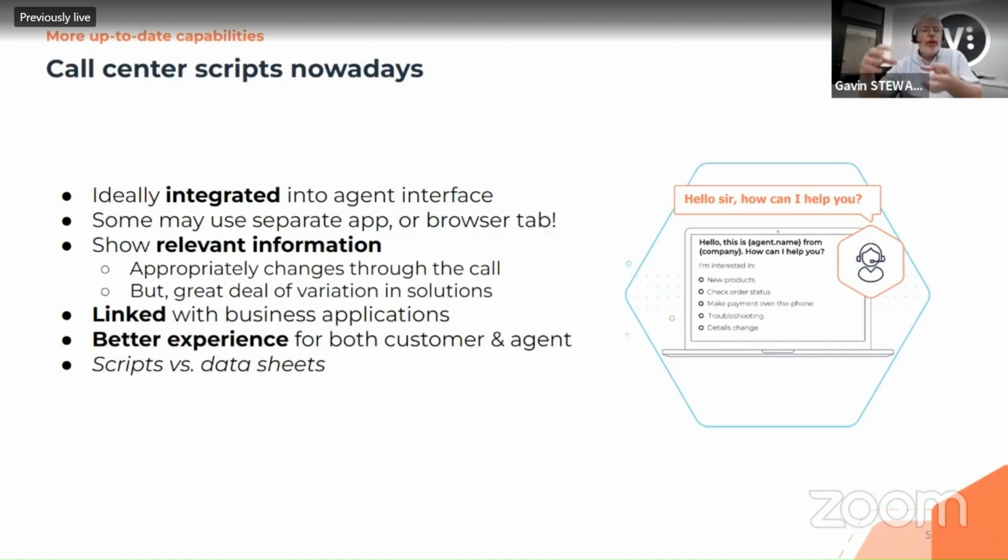So there's some other resources, and we'll come to these later on, like for objection handling or whatever it might be. But there are product sheets or knowledge bases, some kind of data resource that the agent's going to need and use during the course of the call. So the two things work hand in hand, the actual script and the data sheets or the resources that the agent uses as it goes through the workflow.